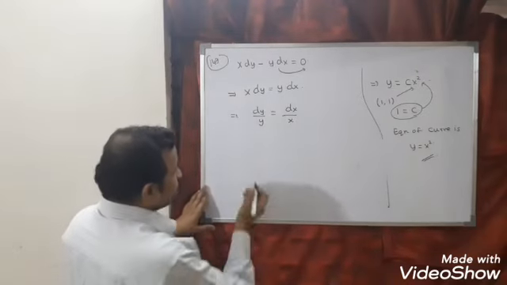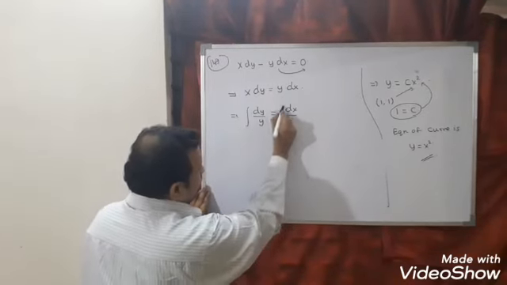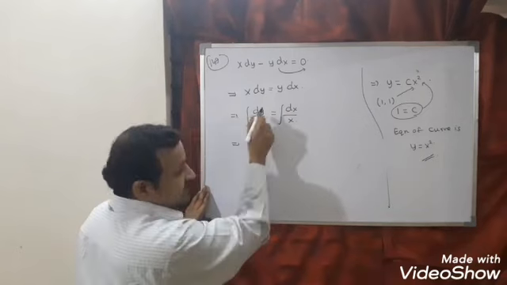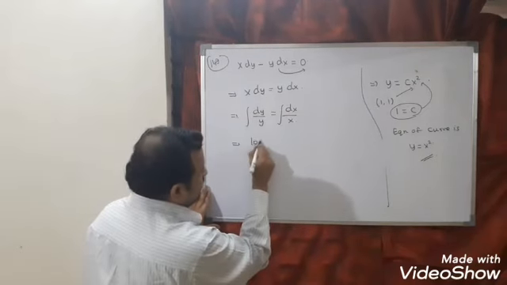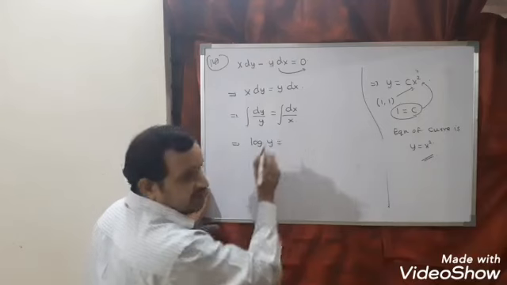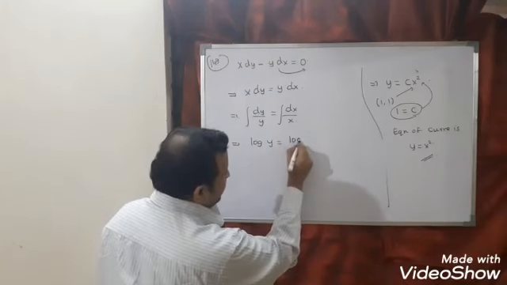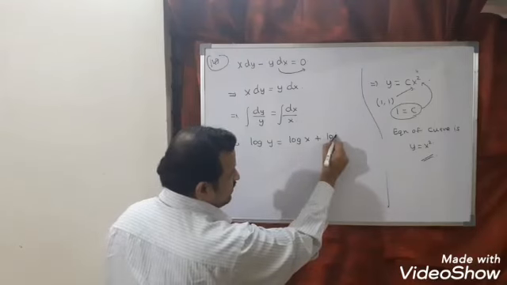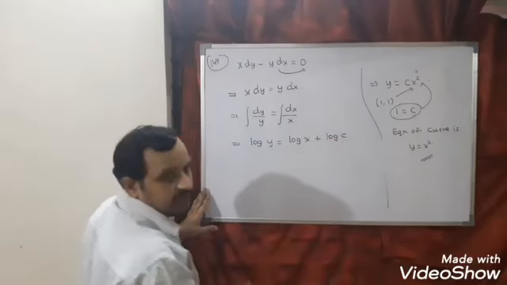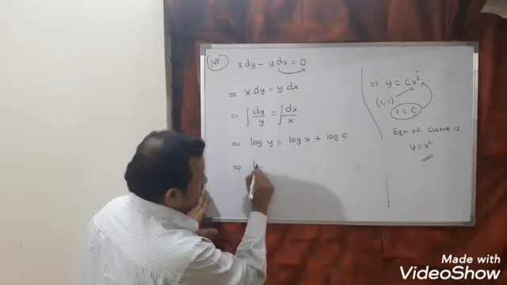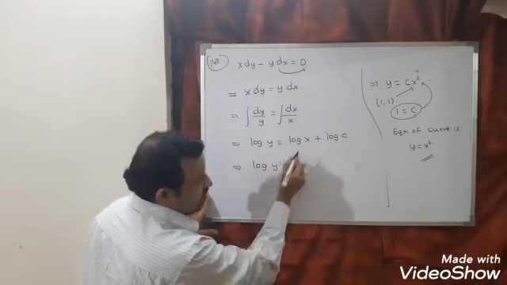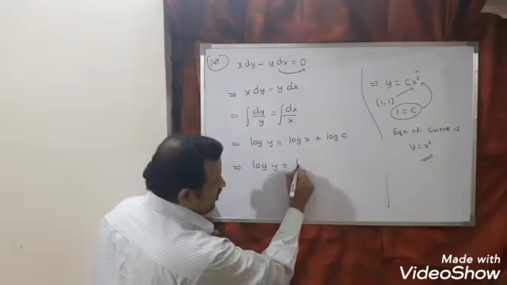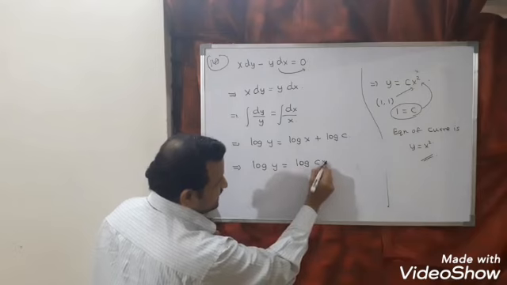Apply integral on both sides. So when you apply integral on both sides, what you will get? dy by y is nothing but log y is equal to dx by x, log x. Either you can take c, I am taking log c for easy calculation. So we can write log y is equal to log a plus log b, log ab. So this I can say cx.